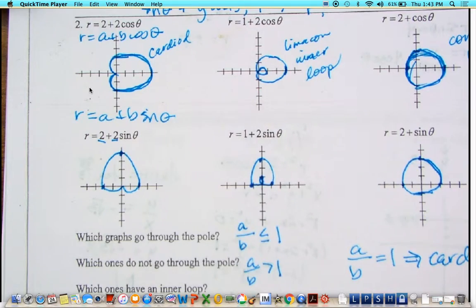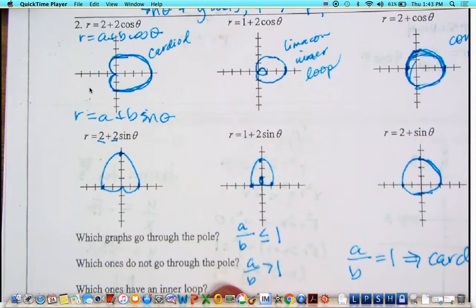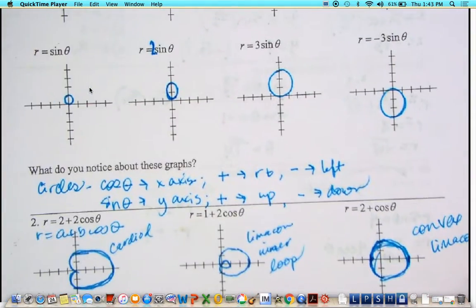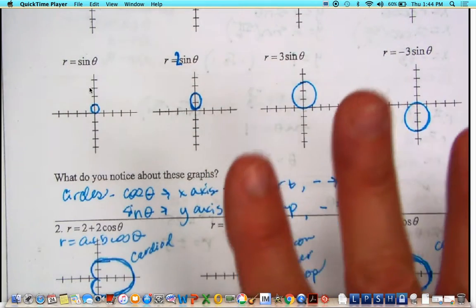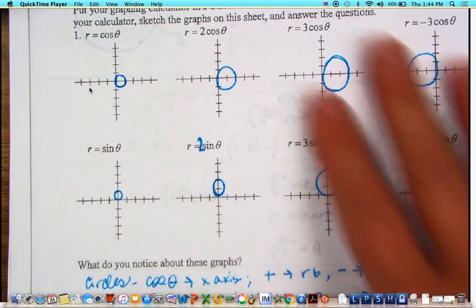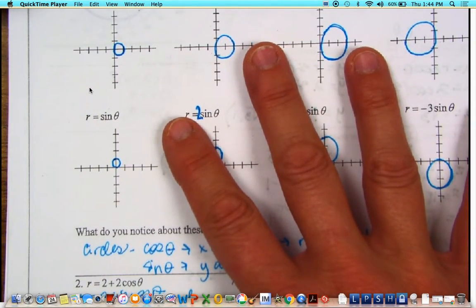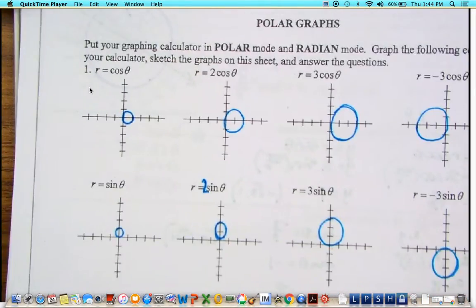Okay, so the reason we're going through this exercise is you need to be able to sketch basic graphs. I will tell you that AP has gone away from making you do these on your own, like typically you would have a calculator. You do need to be familiar with the pretty basic ones, but almost every time they give you a picture or they give you a calculator in order to graph these.